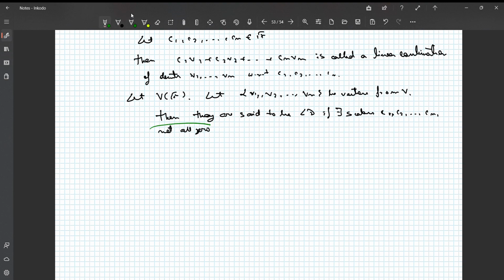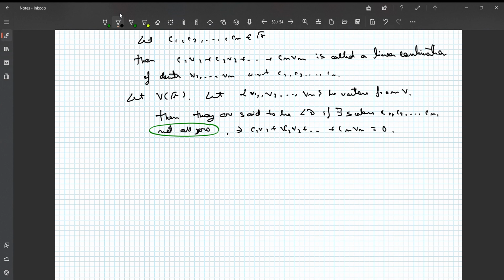This is a fairly important one, that not all these scalars are zero, such that c1 v1 plus c2 v2 and so on till cn vn is equal to 0.